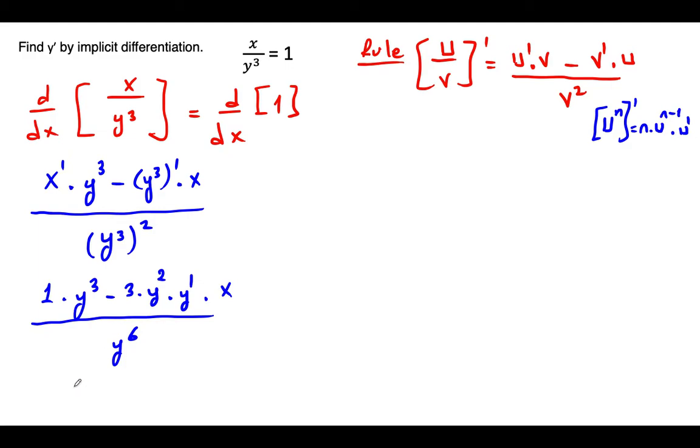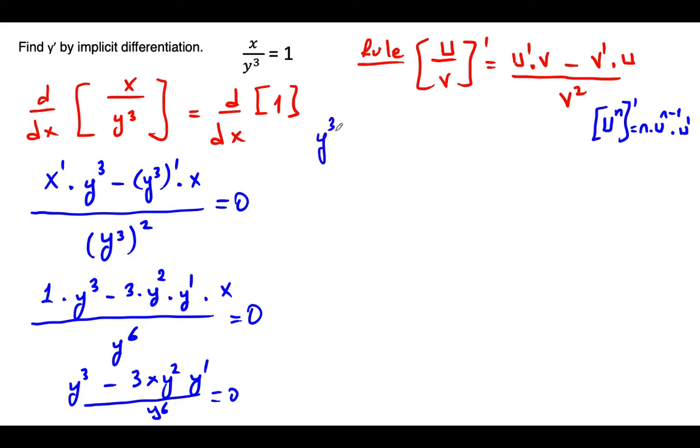So if we arrange this, y cubed minus 3xy squared y prime, divided by y to the power of 6, equals the derivative of 1, which is 0, so the right-hand side is 0. If you do cross multiplication, y cubed minus 3xy squared y prime is 0.